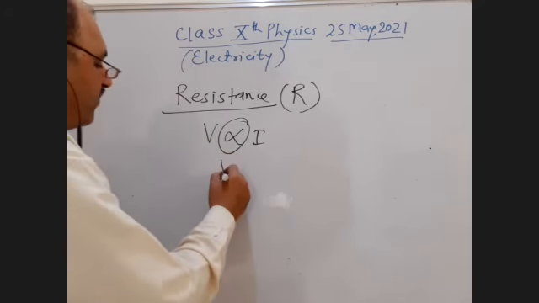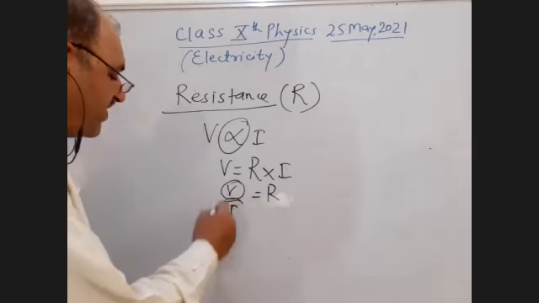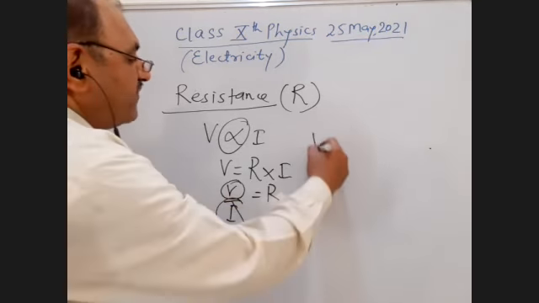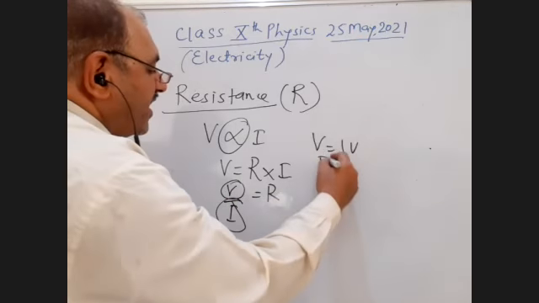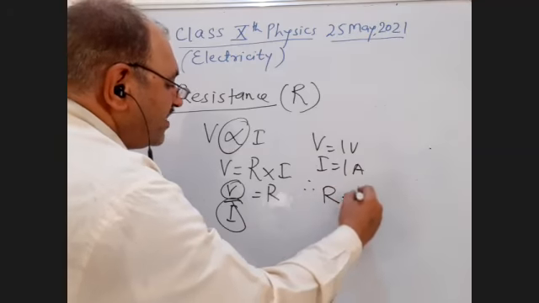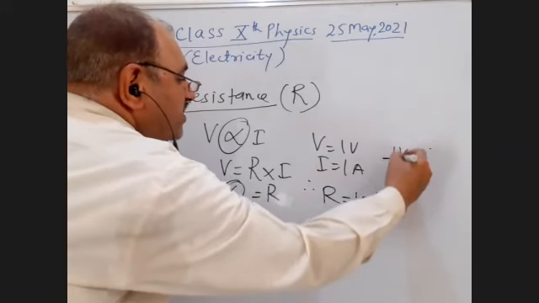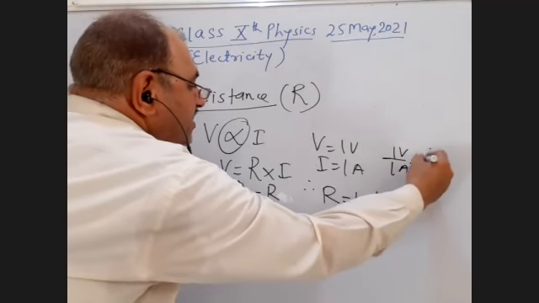Now V is proportional to I, so V divided by I is R. If V is 1 volt and I is 1 ampere, then R will be 1 ohm. Means 1 volt divided by 1 ampere is equal to 1 ohm.